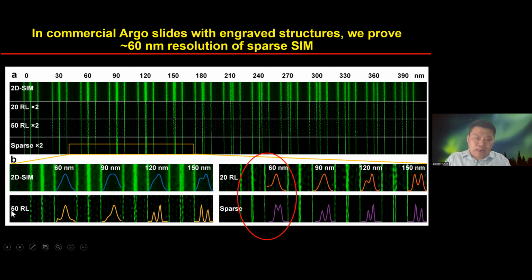If you do more RL deconvolution, like 50 times, you see a thinner line, but twisted. This is artifacts. However, if we use sparse deconvolution, we can actually resolve two lines 60 nanometers apart.